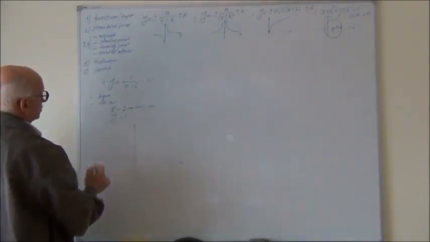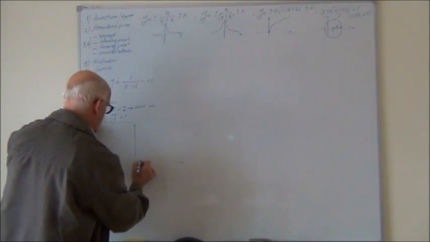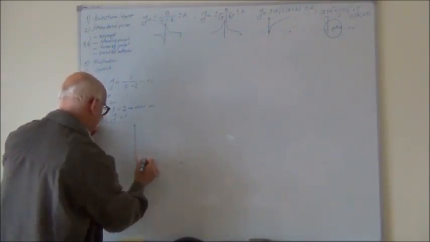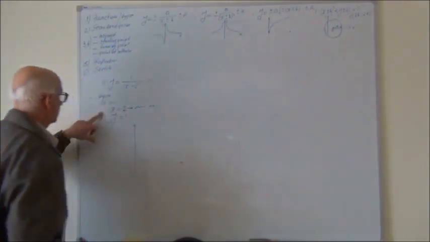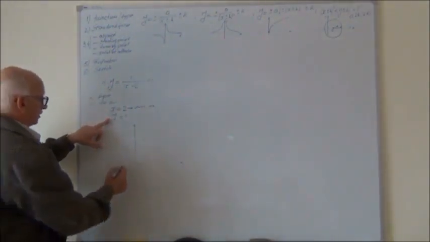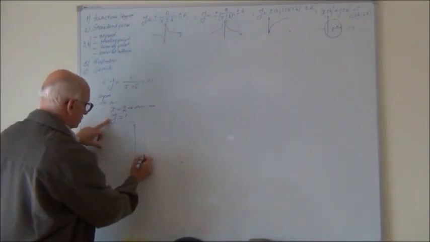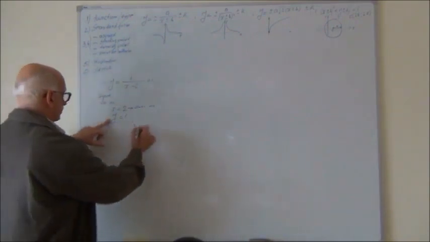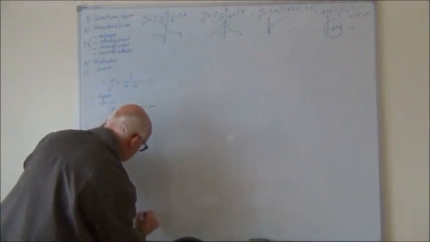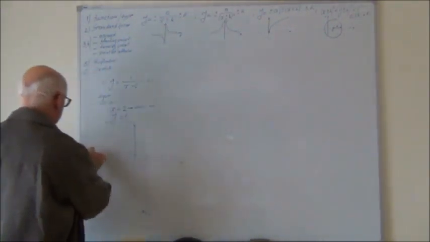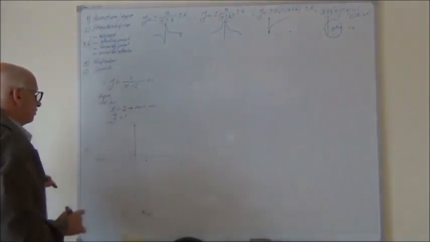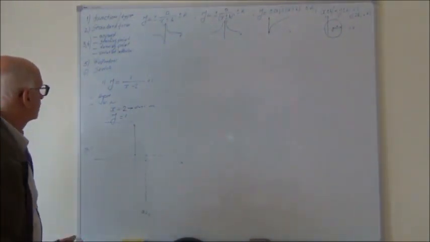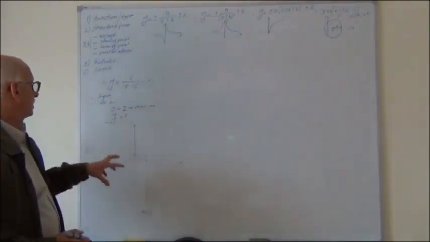So, asymptote x equal to 2, vertical asymptote, and y equal 1, horizontal asymptote. Always write the equation of asymptotes, x equal 2, y equal 1, because our teachers take off marks if we miss that. And what do we have now?